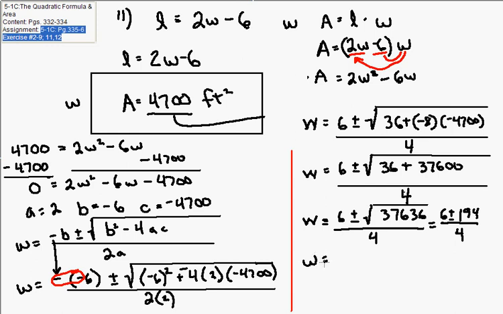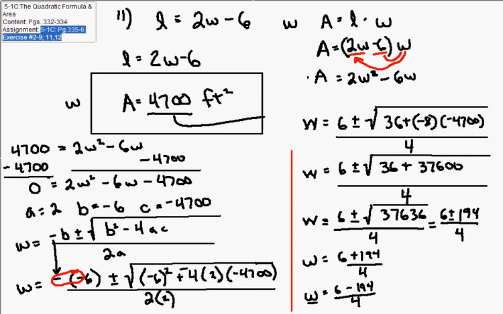We have w is equal to 6 plus 194 over 4, and we have w is equal to 6 minus 194 over 4. Well, considering that we're looking for a width, and the width is going to be a positive number, if I went 6 minus 194, I'm going to get myself a negative 188, and that's not going to be positive.